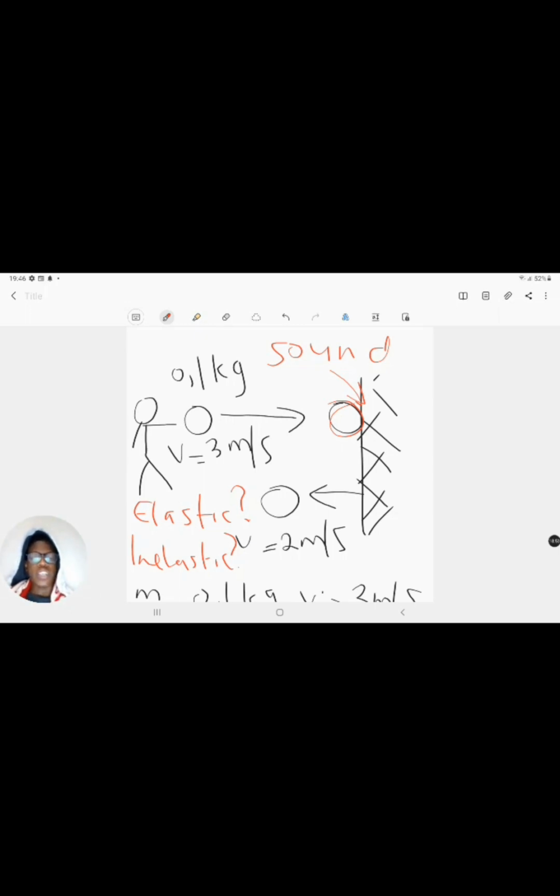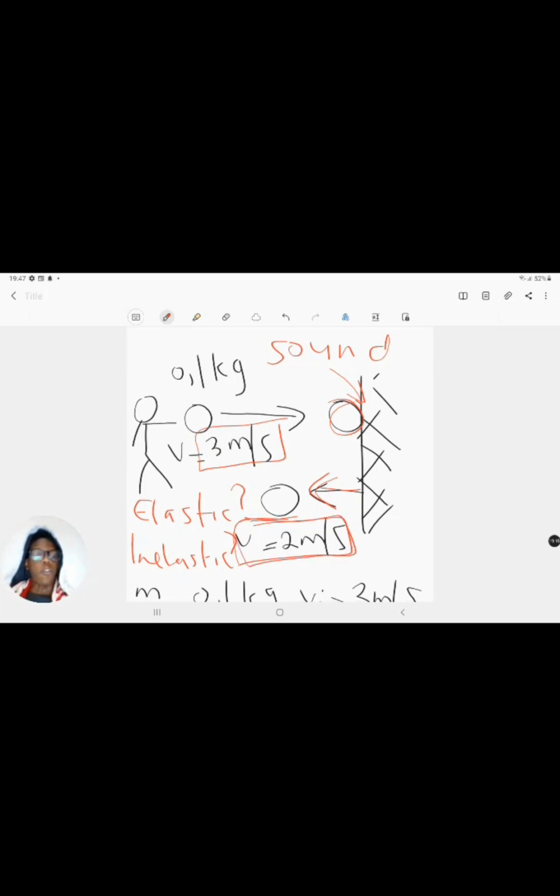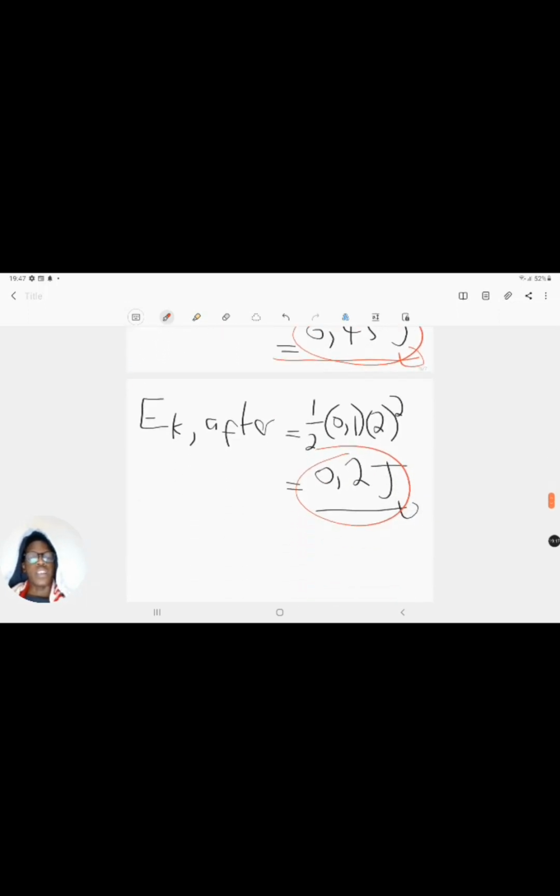Since some energy was released, some energy was lost by the ball. Since it lost a little bit of energy, it got a little bit tired when it had to move back towards the person that threw it. So it moved back at a lower velocity of 2 meters per second. It started off at 3 meters per second, and it moved back at 2 meters per second. And therefore, the kinetic energy was reduced.